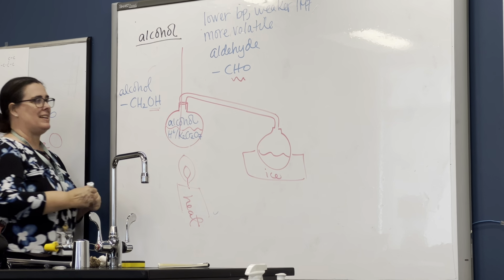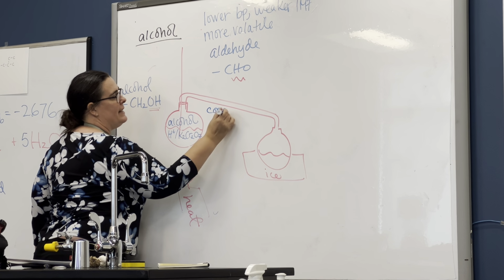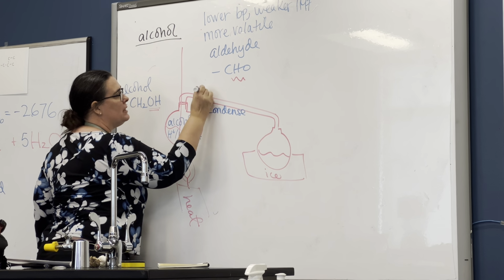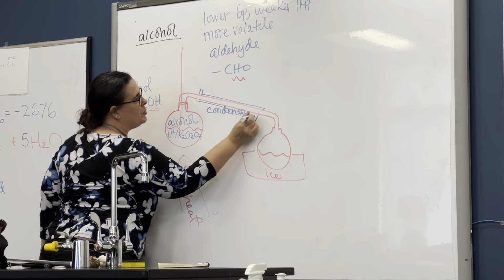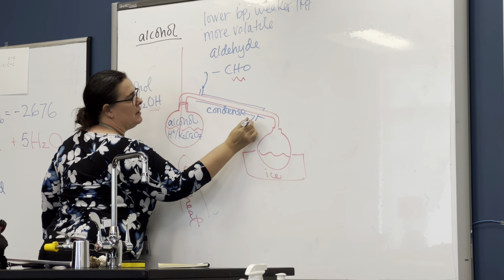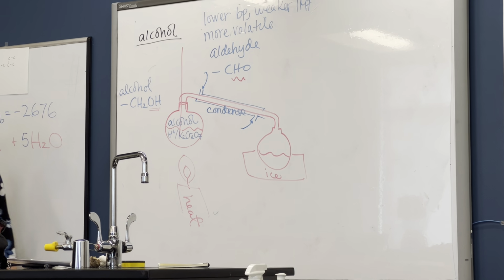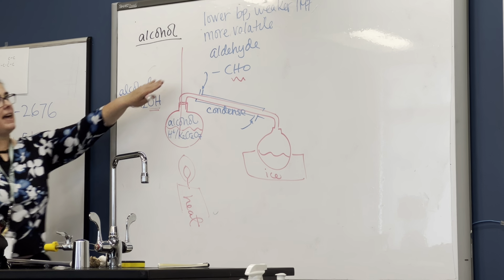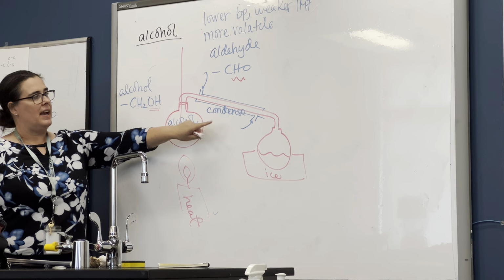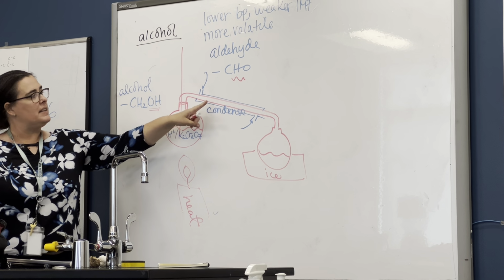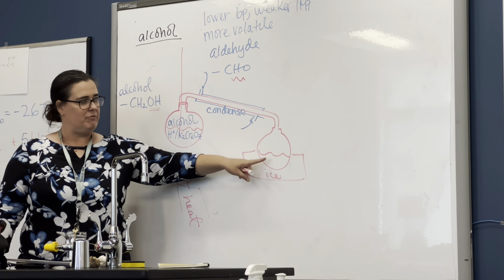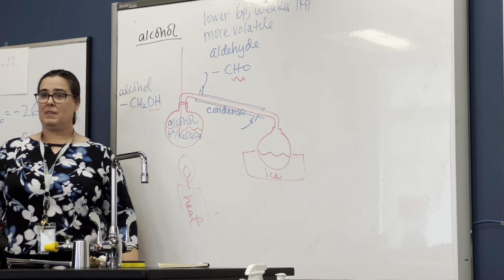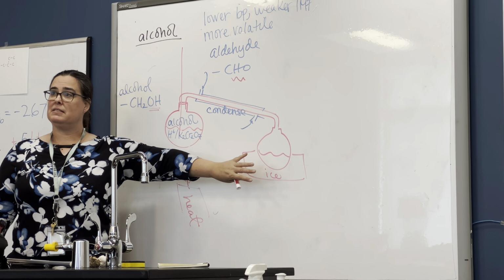This tube is known as a condenser, and it's actually a jacketed tube. I flow cold water in one side, and the cold water is going to interact with that aldehyde in the gas state, and it's going to condense until it flows directly over here into this really pretty round bottom flask. I'm going to capture the aldehyde.